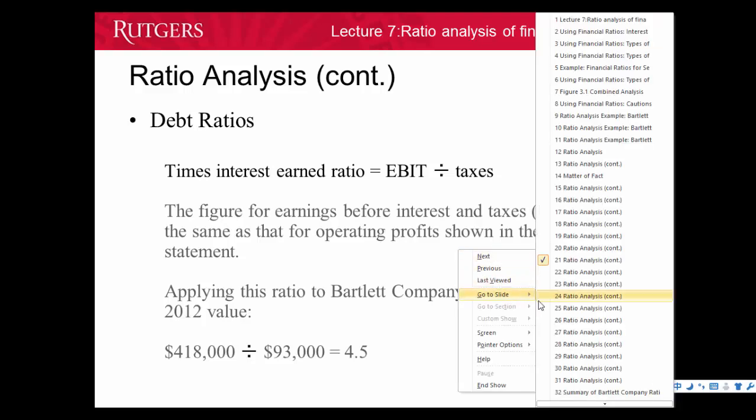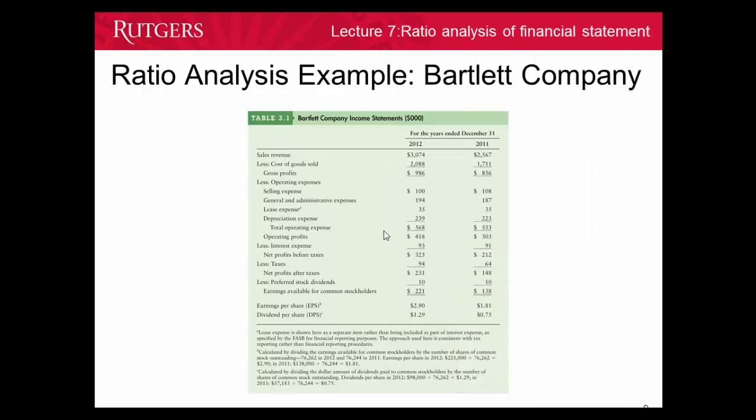So again, let's go to the income statement, and we can say operating profit is 418,000, and we need to find the tax information. It is listed here. Taxes is 94,000. So this will generate a times interest earned ratio of 4.5.